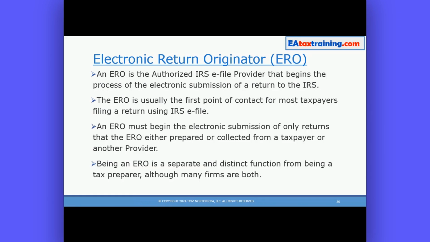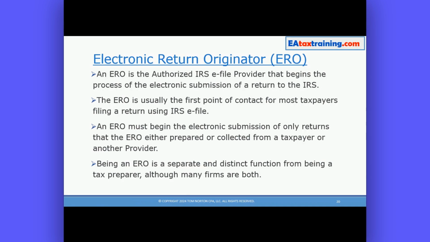So now we'll talk about the ERO specifically, being an electronic return originator. An ERO is an authorized IRS e-file provider, and as an ERO, you begin the process of electronic submission of a return to the IRS. So you are the one hitting the button that says submit this electronically.